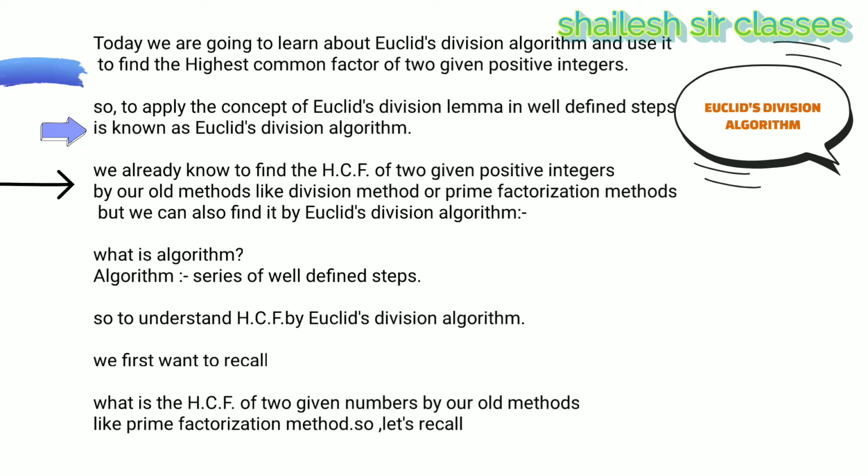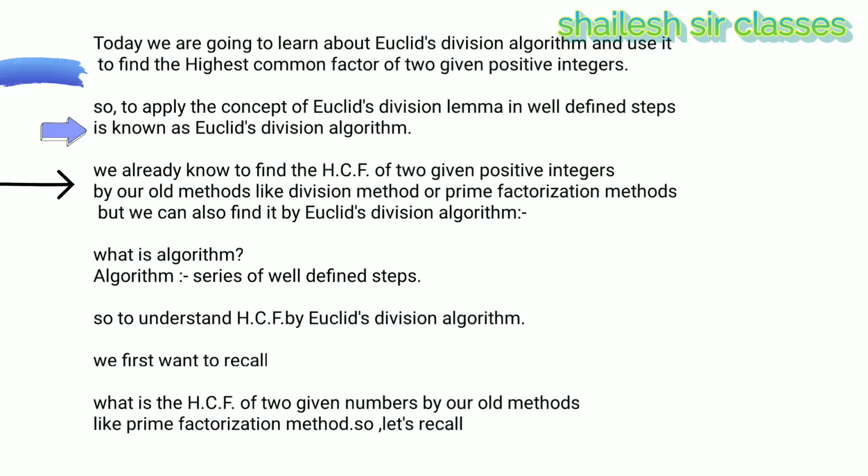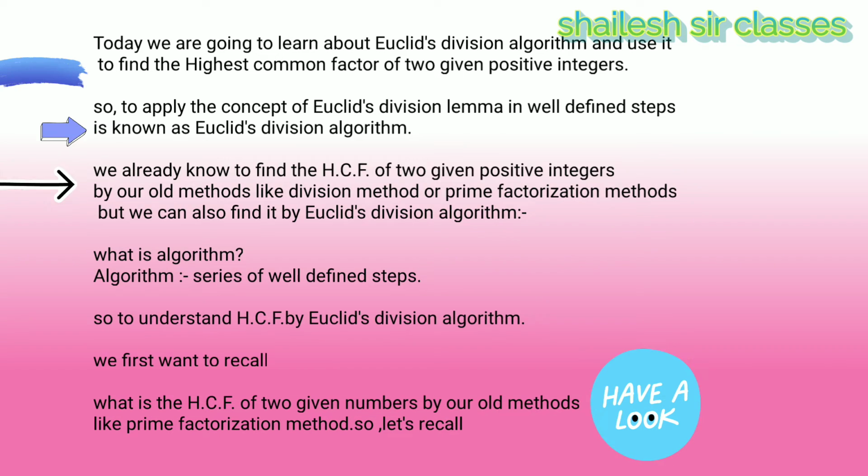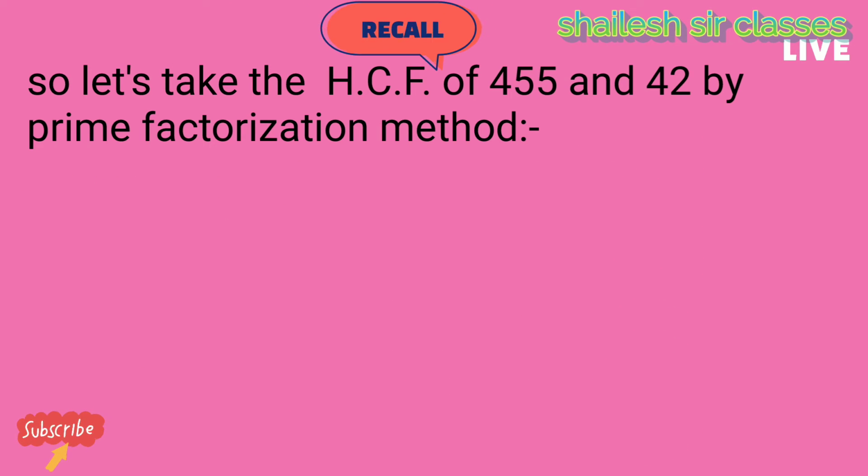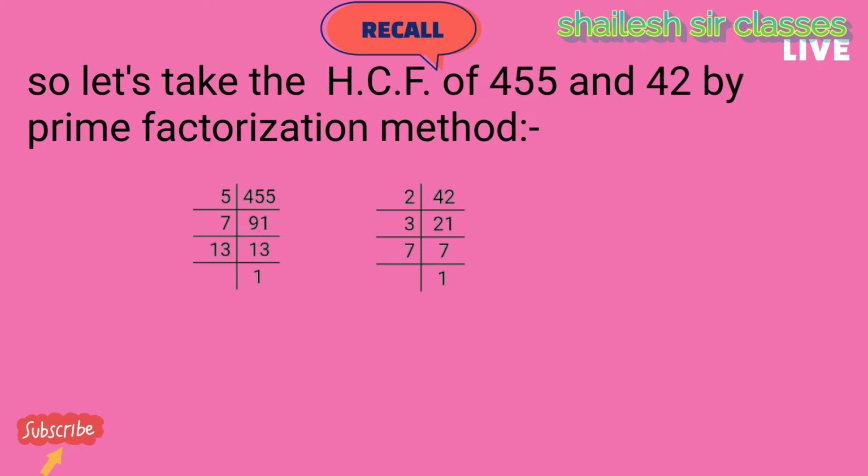So to understand HCF by Euclid's division algorithm, we first want to recall what is the HCF of two given numbers by our old methods like the prime factorization method. So let's recall first. Let's take the HCF of 455 and 42 by prime factorization method.